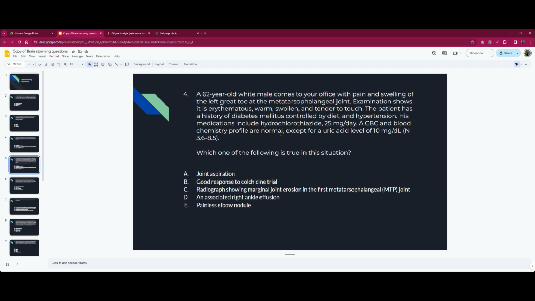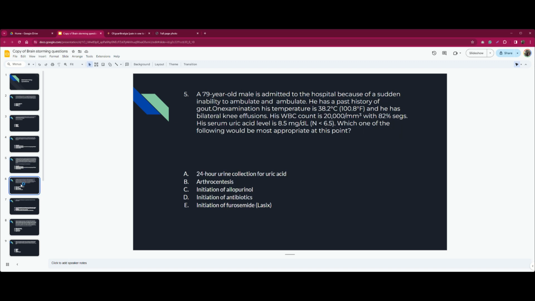A CBC and blood chemistry profile are normal except for a uric acid level of 10. So normal is 3.6 to 8.5. Which one of the following is true in this situation? Joint aspiration, good response to colchicine trial, X-ray showing joint erosion at the first MTP and associated right ankle effusion, painless elbow nodule.